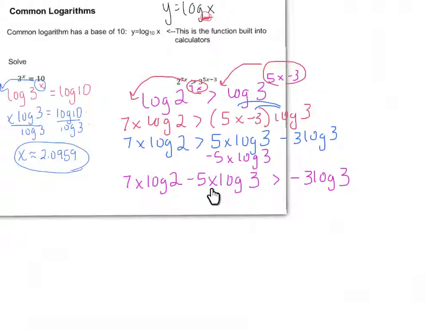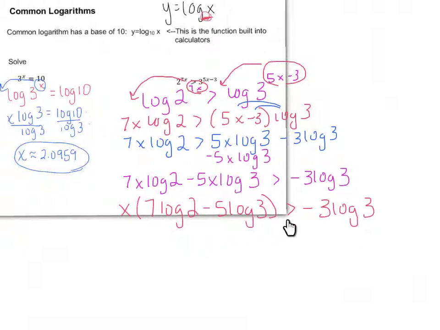So what we can do is take these two x's out like it's a GCF. So x times 7 times the log of 2 minus 5 times the log of 3 is greater than negative 3 times the log of 3. At this point in time, if you'd like to, you could certainly take this value and figure out what number that is using your calculator.